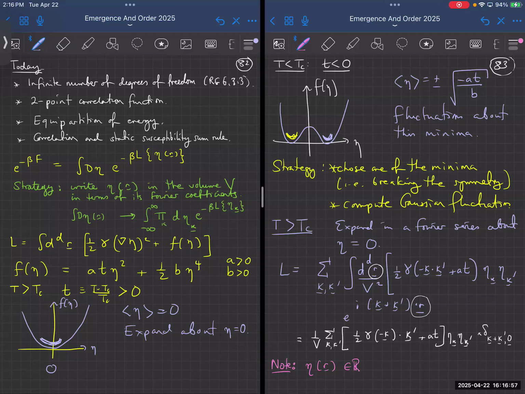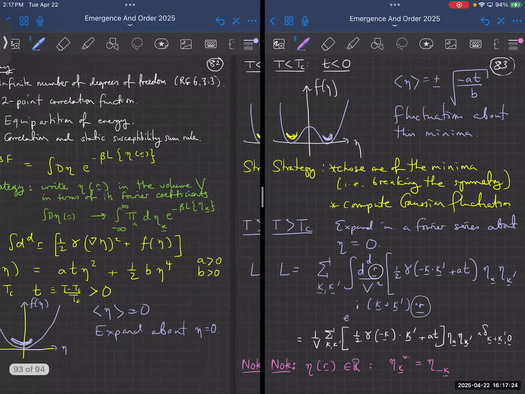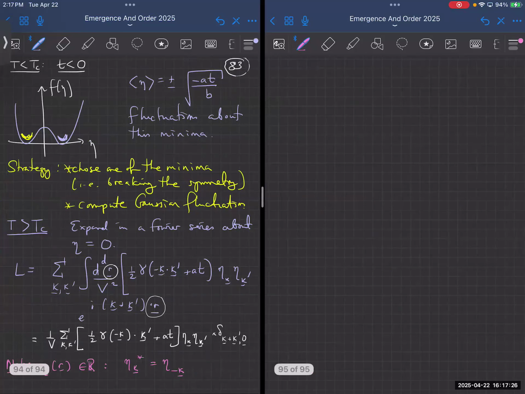And so because it's a real variable, if I take its Fourier transform, that means that eta of k star is equal to eta of minus k. So if eta is real, that means that eta equals its complex conjugate. Then if I put that into the Fourier transform, it means that the Fourier components of k and minus k are not independent, they're just complex conjugates. And so that's going to be a constraint that we're going to need when we do the integration.